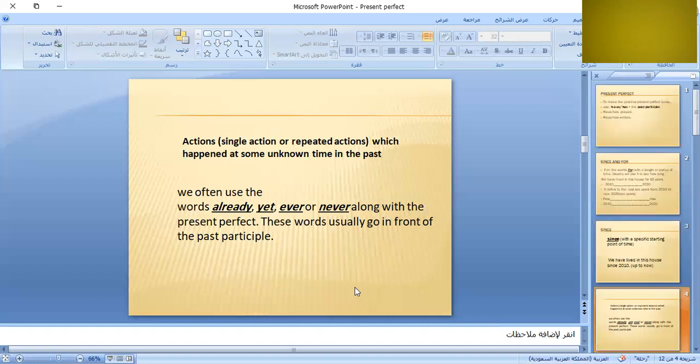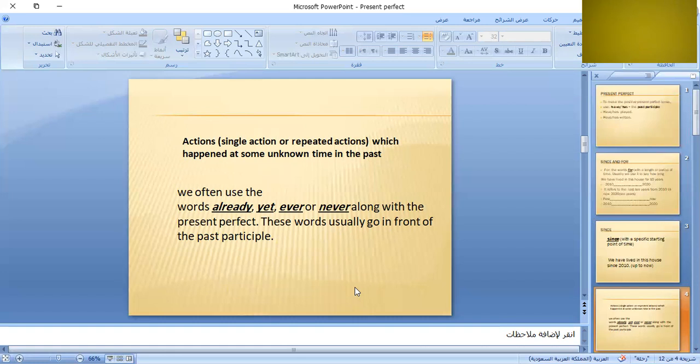But with the present perfect, the action is complete now. It happened in the past, but we don't know when, or we don't want to tell when, or we are not concerned about when, or when is not important. It just happened and finished.